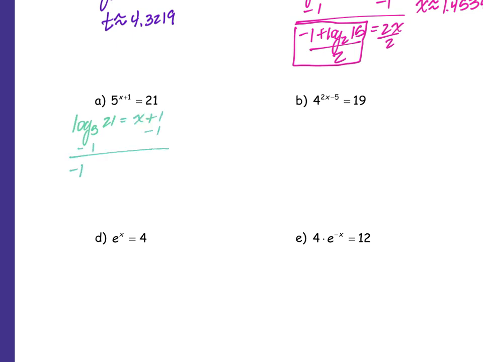So I get negative 1 plus log base 5 of 21 equals x. So x is approximately going to be equal to 0.8917. Okay, so you're supposed to round. I just want to say you need to round that. I think most of you just truncated it at the 6, but I think there's something past the 6, like a 9 maybe. Let's see.